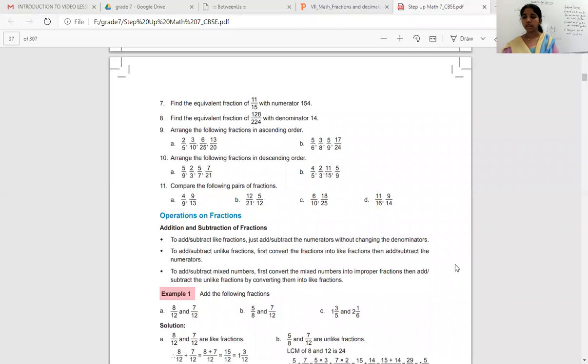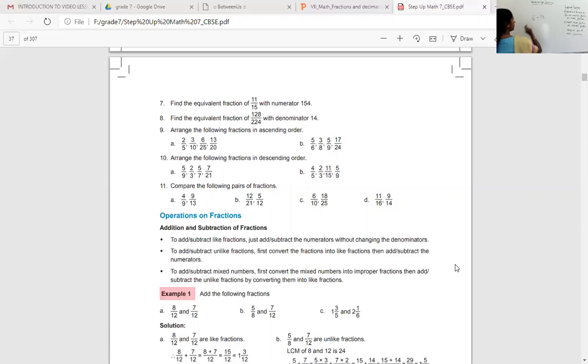Now here you can see, find the equivalent fraction of 11 by 15 with the numerator 154.